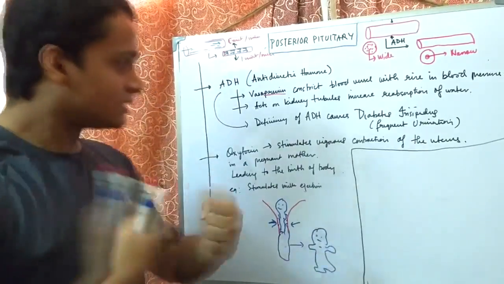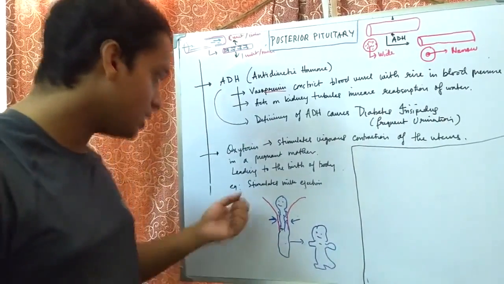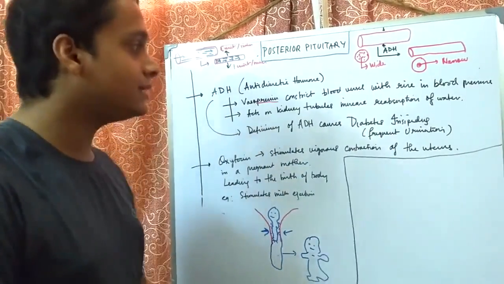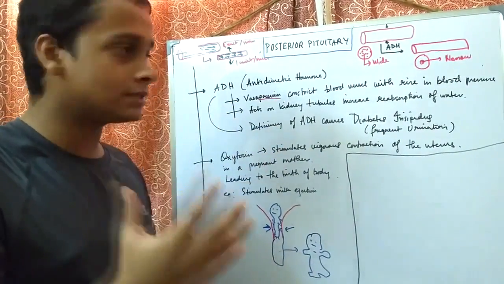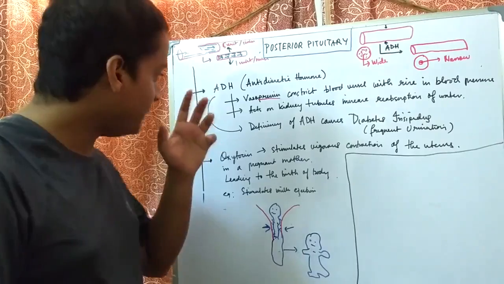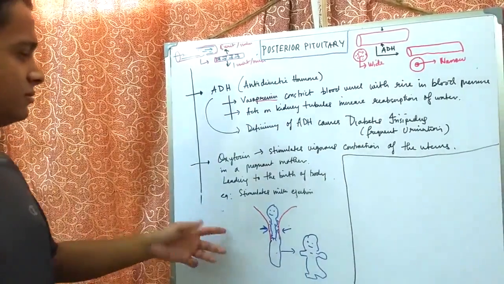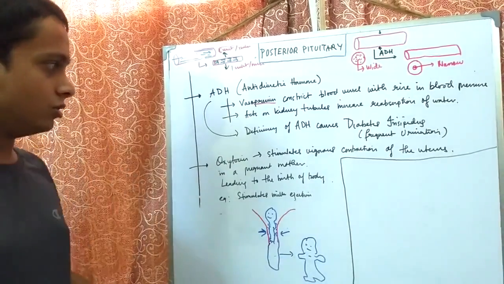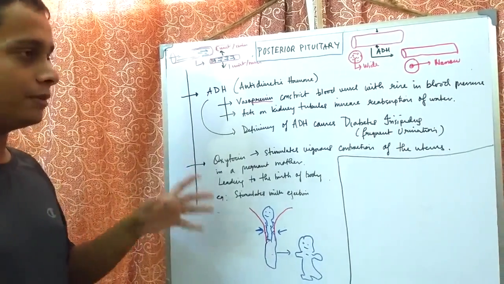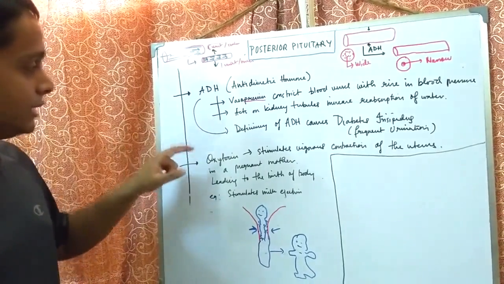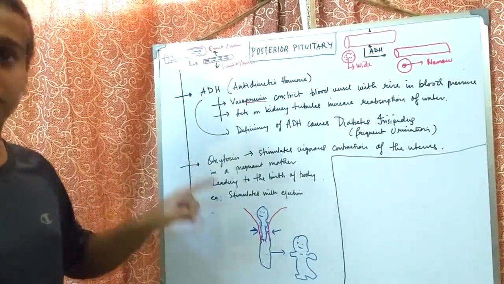So oxytocin stimulates vigorous contraction of the uterus. It also stimulates milk ejection. What is milk ejection? From the mother there is a milk ejection. We will be studying that in detail in reproductive biology. So you will be aware that from the mother's breasts, milk gets ejected due to the stimulation of oxytocin.